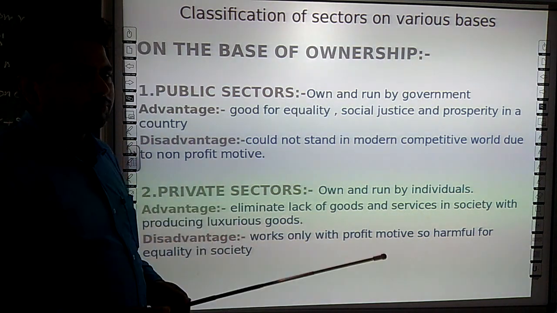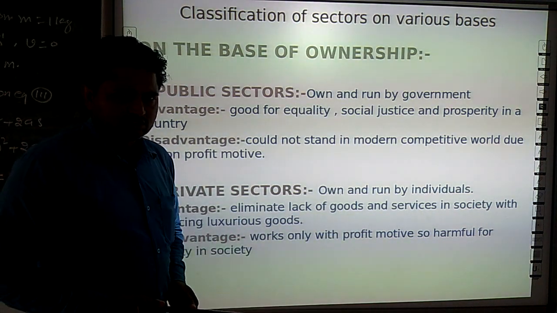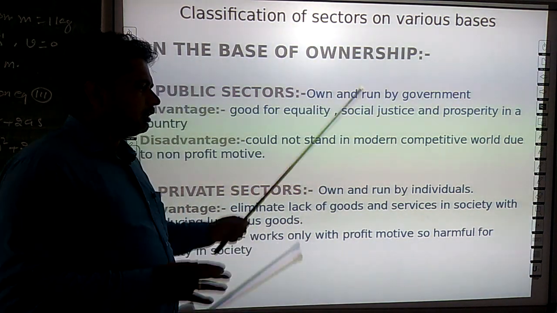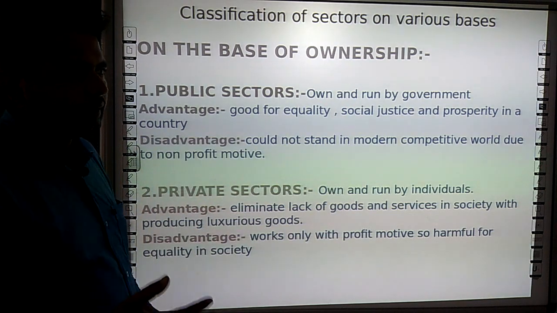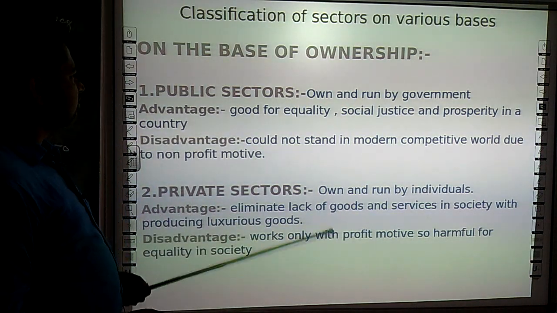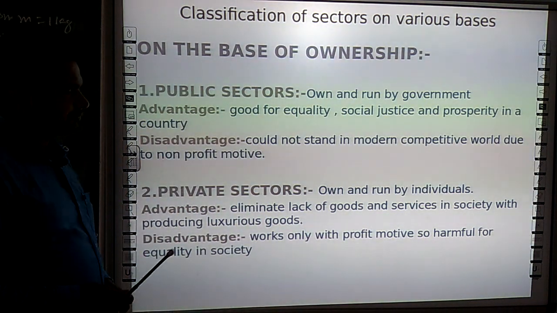Nowadays, in this age of globalization, this type of model has started to flourish, but at the elementary level, we do not have to study this PPP, that is public private partnership. We have to consider the public sector and private sector.